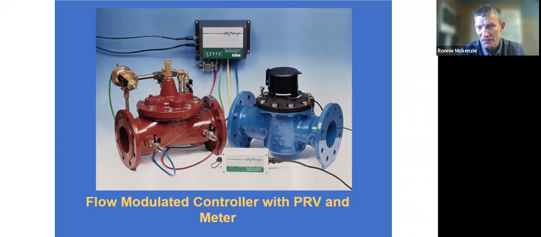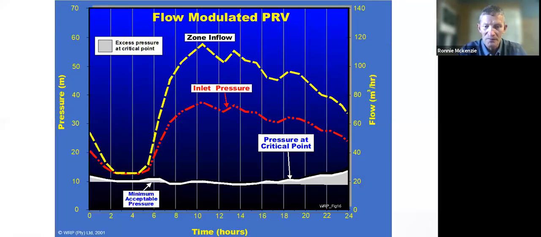If either of them fails, then the whole system fails. And you can see here that we've managed to strip off the excess pressure both in the morning and the evening. So using a flow control system, you're able to get a much lower level of excess pressure. And by doing so, you can reduce the leakage.